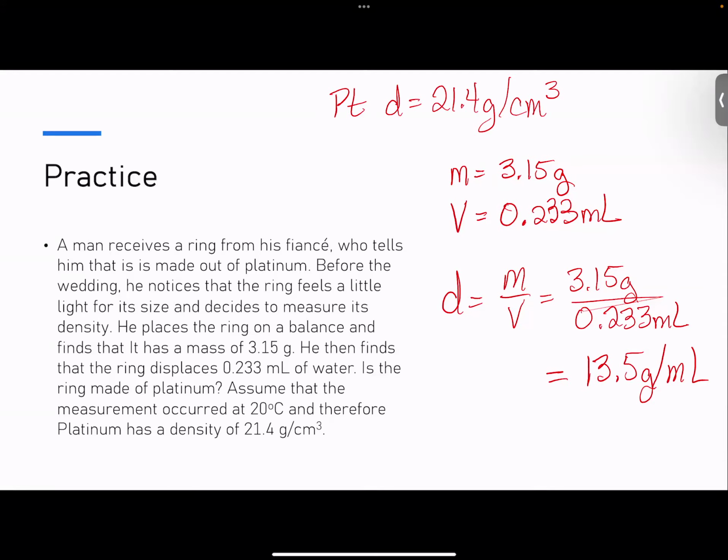Here's another example where if you know a centimeter cubed is equal to a milliliter, then the number 13.5 is also the value in grams per centimeter cubed. So no, it is not platinum.